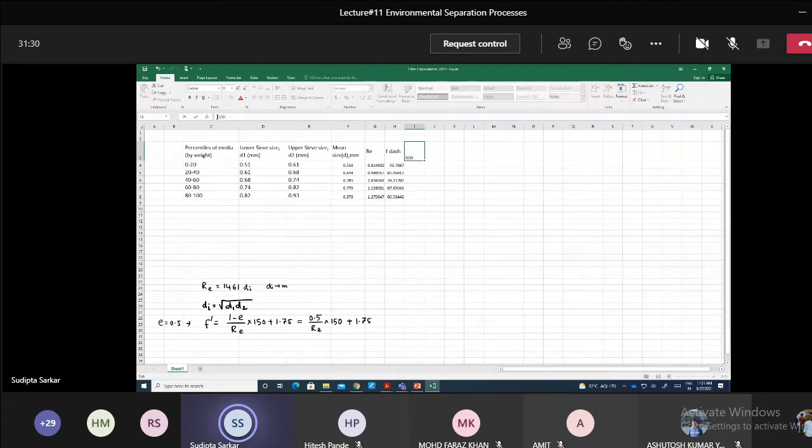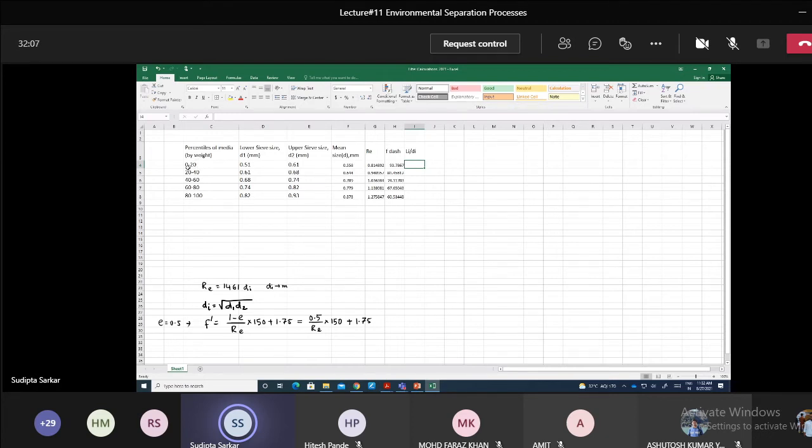Okay. So how to find out that? What is this Li? You can see this is all this 0.2, right?